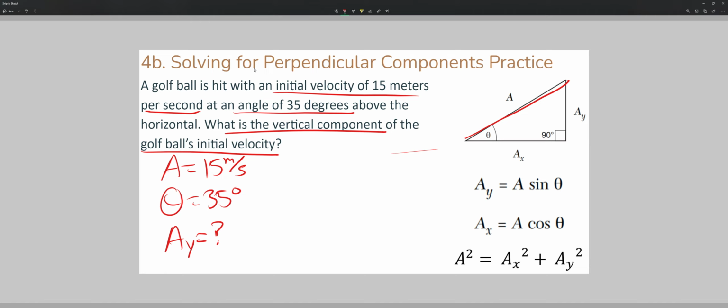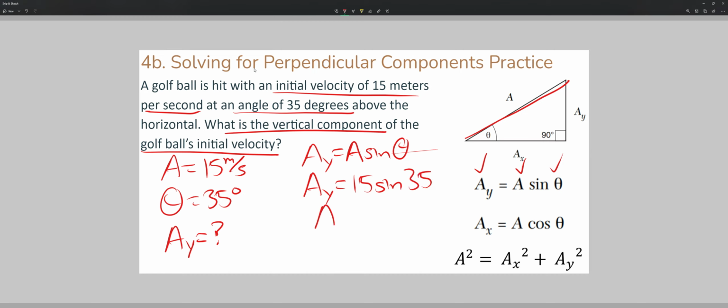So which formula should I use? I should use the sine one because again, it has everything I need. So ay is equal to a sine theta. A is 15, and your angle here is 35 degrees. So 15 sine 35, do I remember based on memory? I think in class I said it was 8.6.